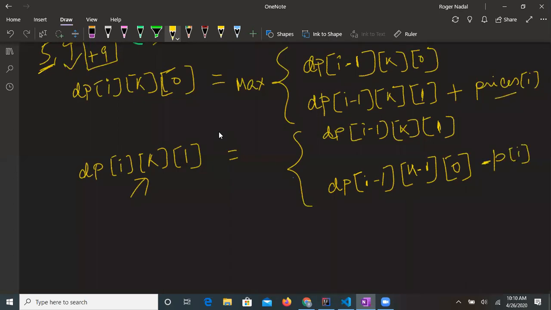In short, this and this are the same. So now look at it. And also we want to maximize as per the definition. I want to maximize this. Now, do you have a doubt in the first definition?